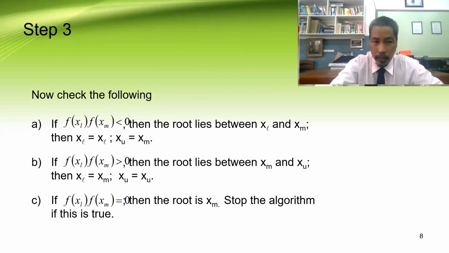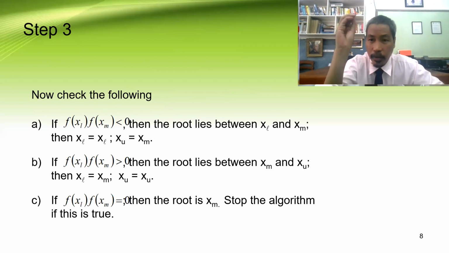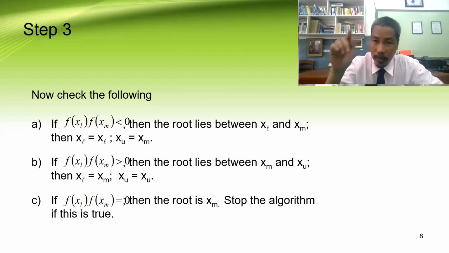Now, check the following. Use the midpoint x value, or XM, and substitute it to the function. You can evaluate the function using XM. And then multiply f(XM) by f(XL), and check if the product is less than 0, or negative.